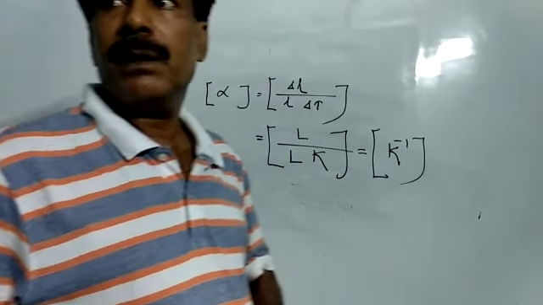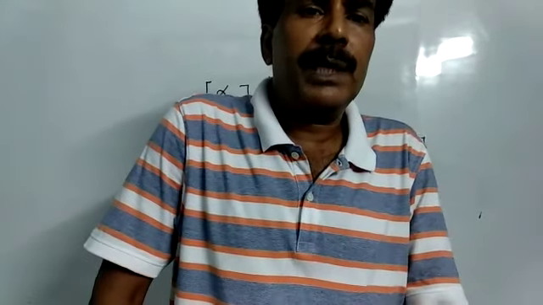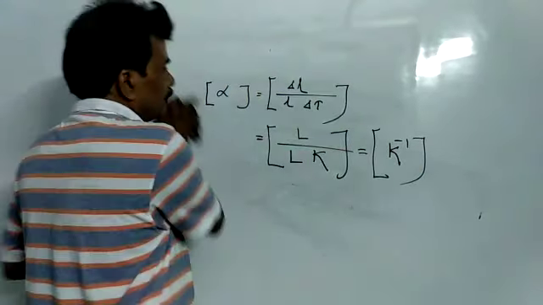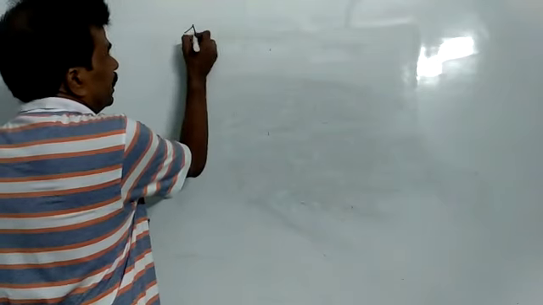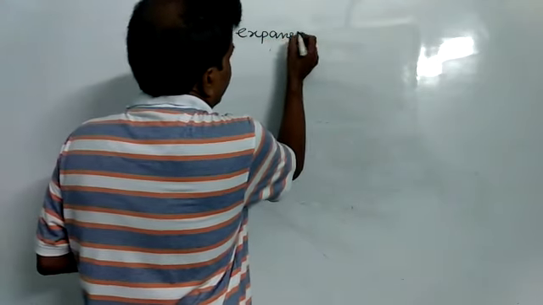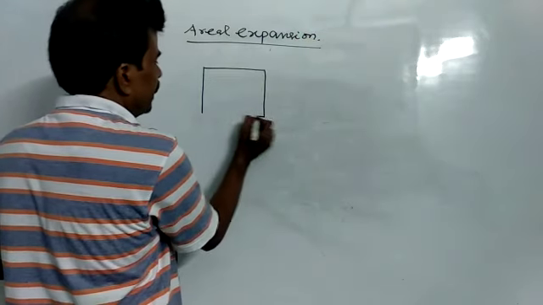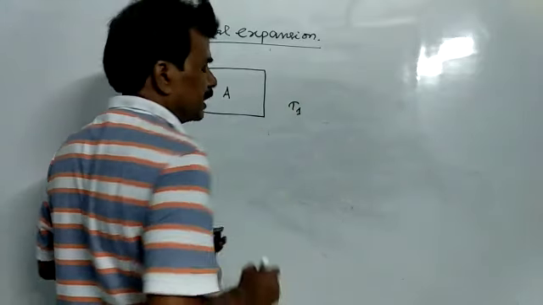Areal expansion, or from this we'll find out the coefficient of superficial expansion. So here, what happens? We are considering a thin metallic sheet. Suppose this metallic sheet has area A at temperature T1 degree centigrade.